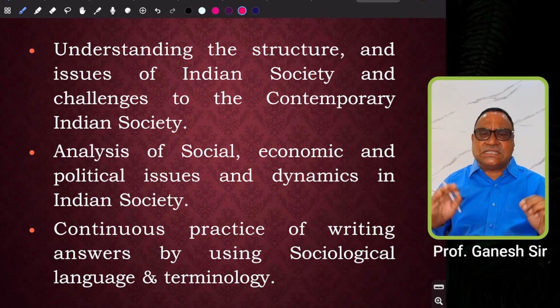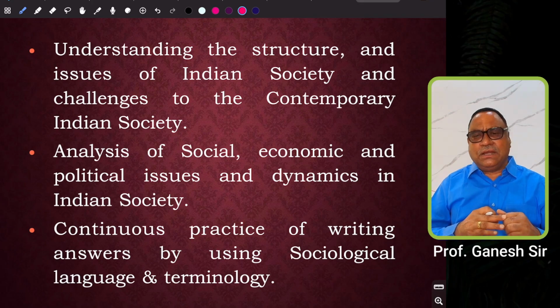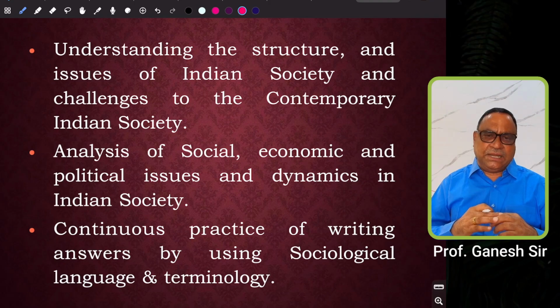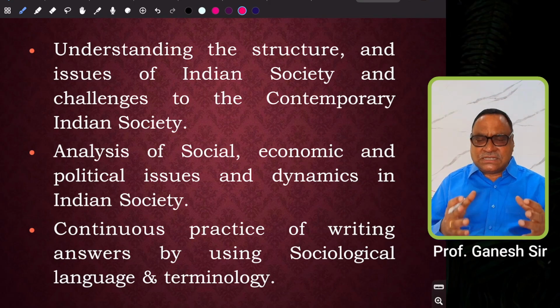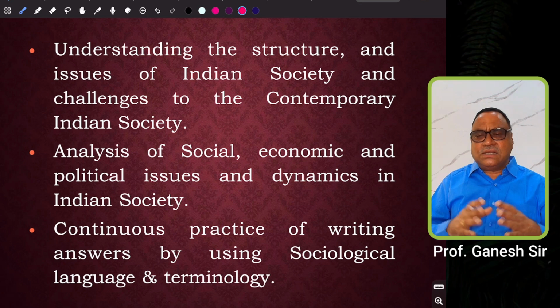And analysis of social, economic, and political issues and dynamics in Indian society. This is again very important. As I said, the caste system is a unique social system in Indian society.